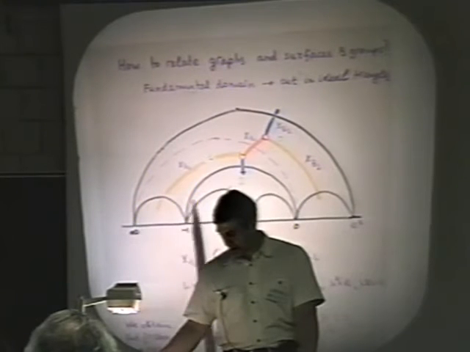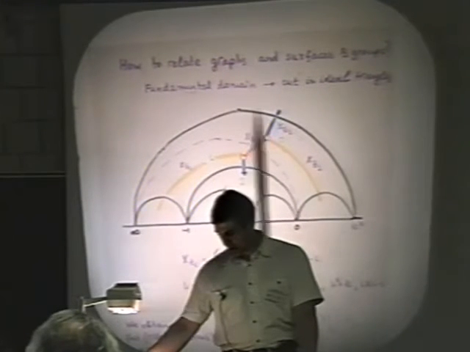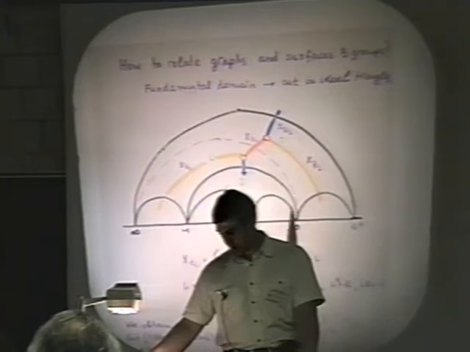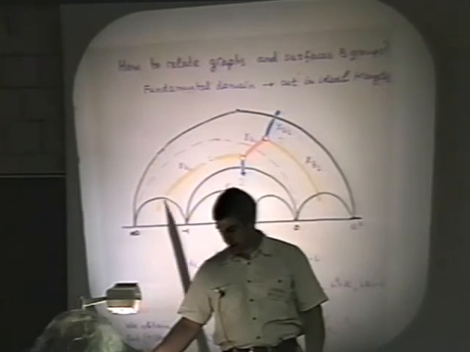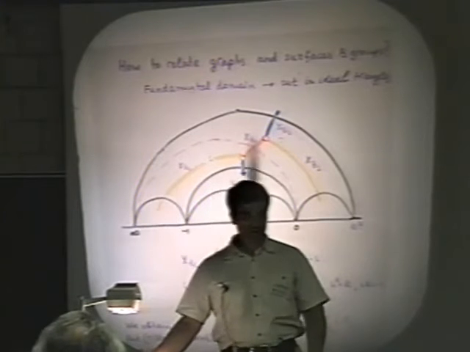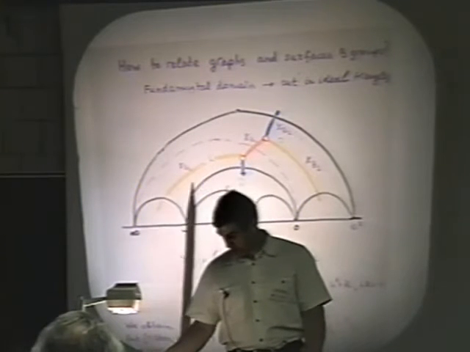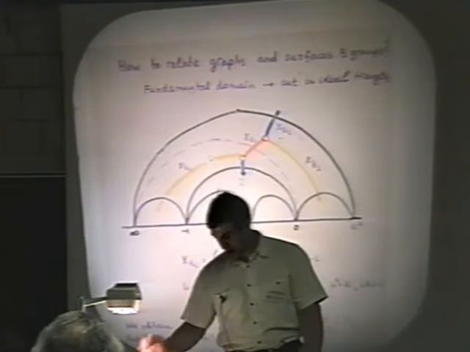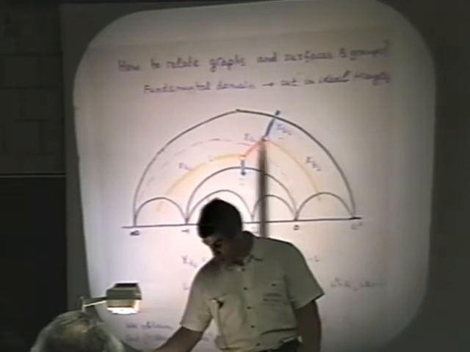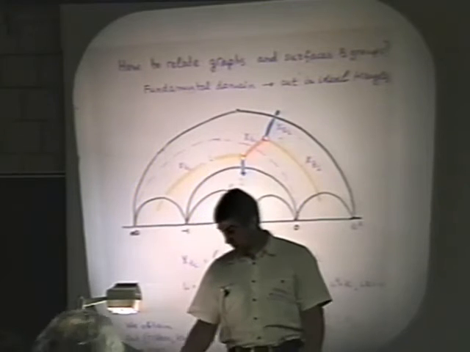Then we may consider the fundamental domain corresponding to the Fuchsian group, and split this fundamental domain into two so-called ideal triangles. The first one and the second one, or the zeroth one and the first one.